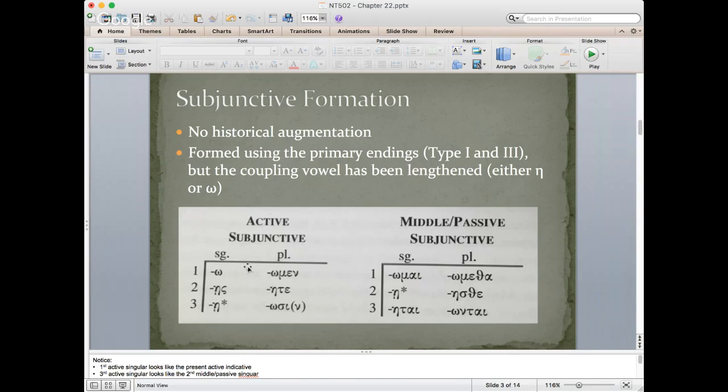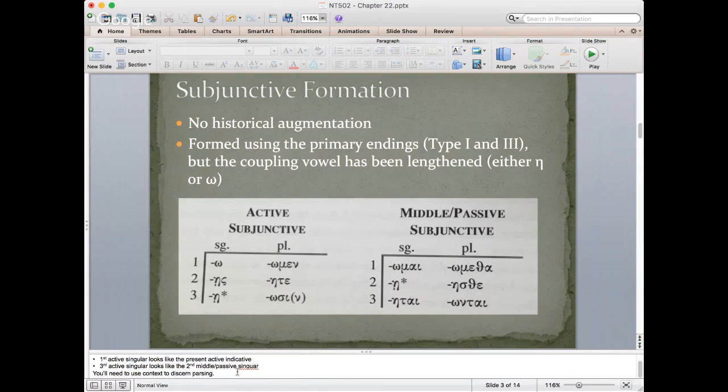The third active singular looks like the second middle singular. So you're going to need to pay attention to that. That's kind of a big deal, and context is going to be needed for parsing. What you're going to do is look at your explicit subject and see what your explicit subject tells you.